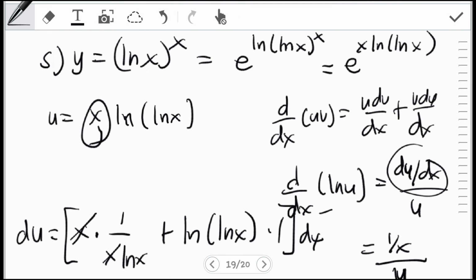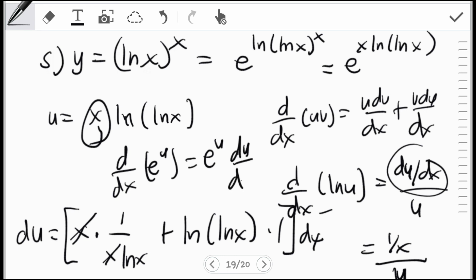Now we can use this formula: d over dx of e to the power u is equal to e to the u times du over dx.